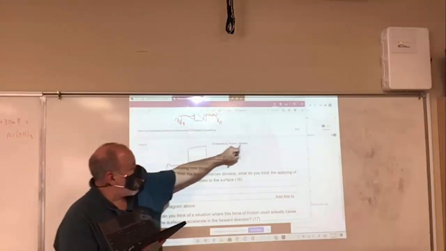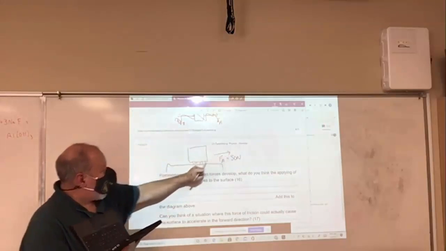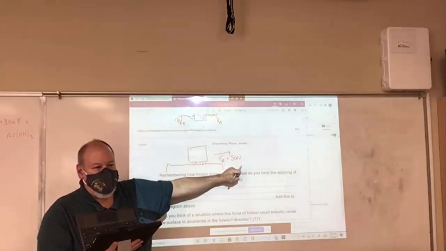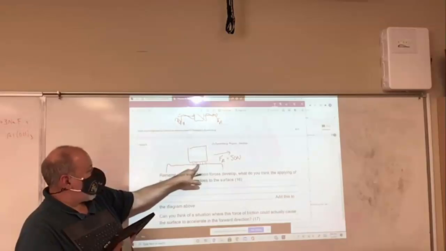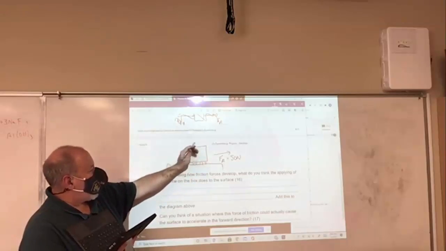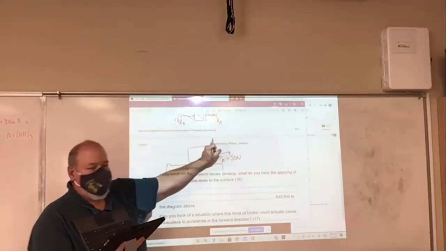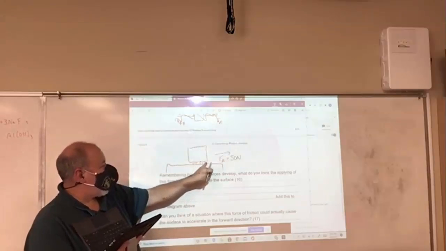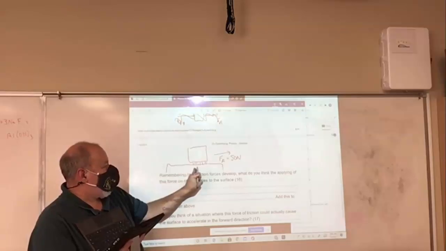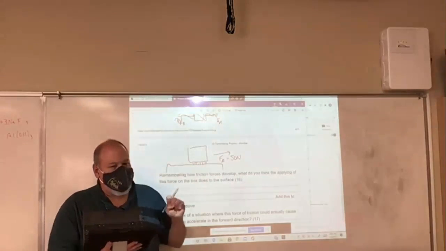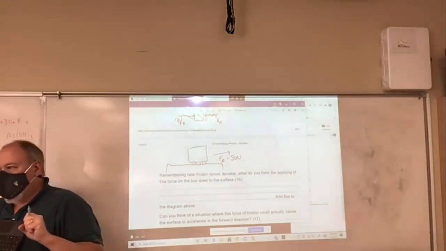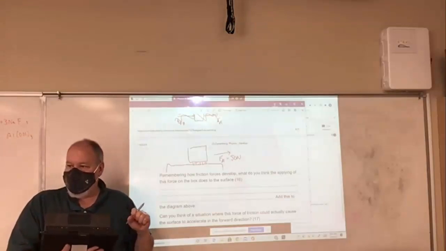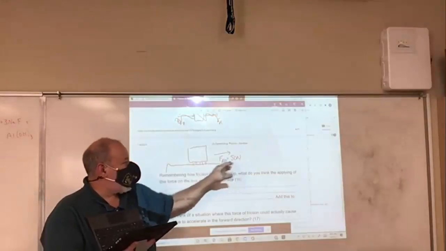If I pull a 50 Newton force on the box, what's that going to do to the surface? If I've got really tight little bungee cords here, like the rubber bands on braces, and I pull on that box, what's that going to do to the surface? Isn't it also going to exert a force on the surface? It's going to try and make it move, right?